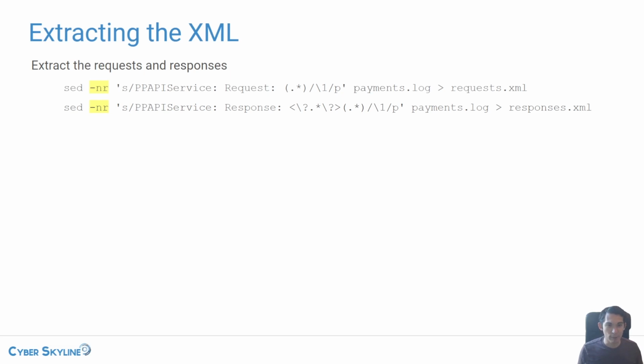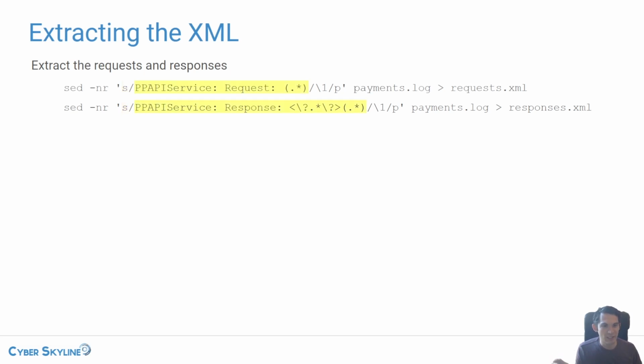Now the -r option enables the use of extended regular expressions, which we're going to make use of in our capture groups. Inside these single quotes here, we have our actual instructions that we're sending over to sed. And the s indicates that we want to perform a substitution. Sorry, not the -s, just the s. That's the indication for the substitution.